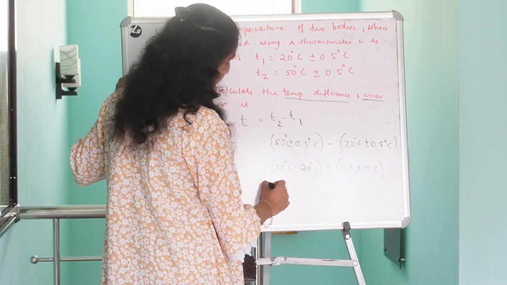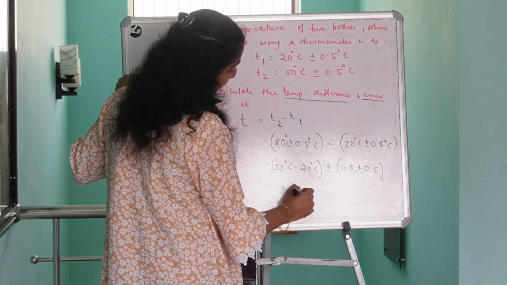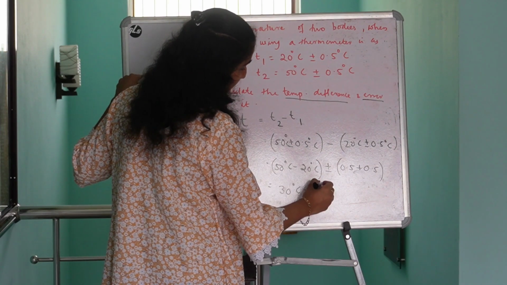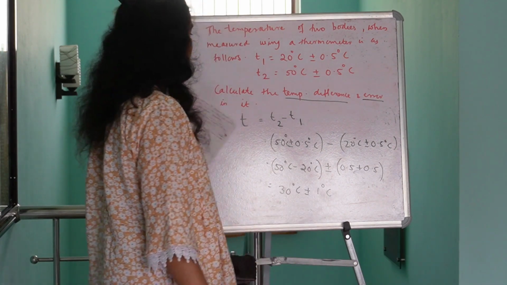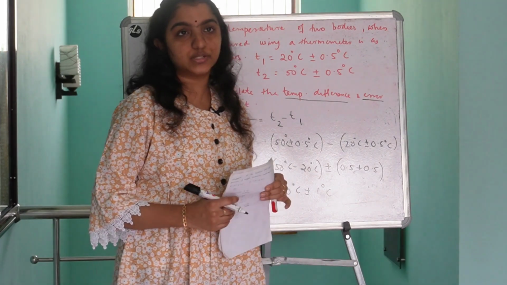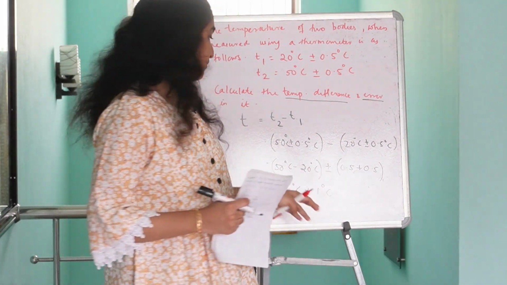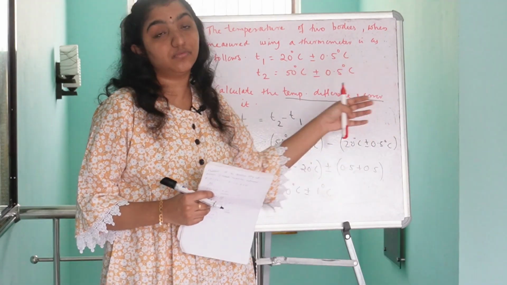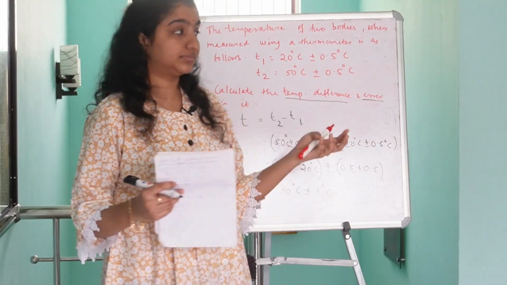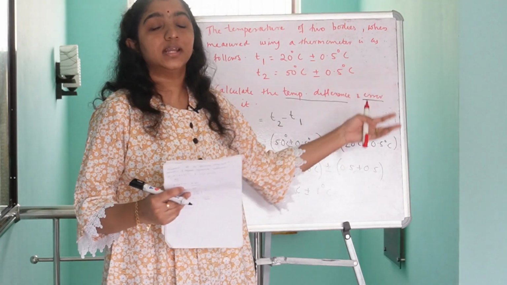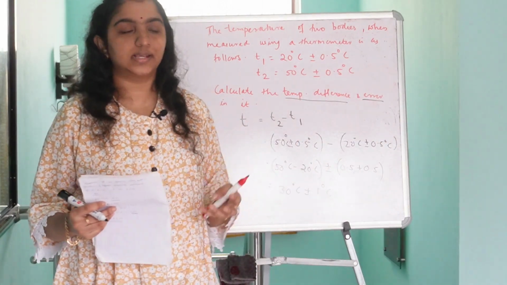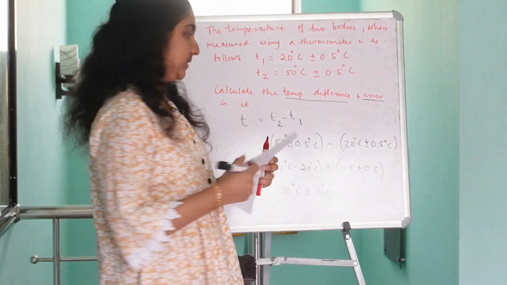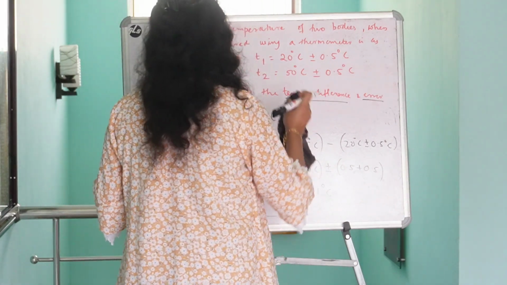So here we got the temperature as 30 degrees Celsius plus or minus 1 degree Celsius. The temperature difference is 30 degrees Celsius, and the error occurred in the resultant is 1 degree Celsius. Is it clear? Yes.